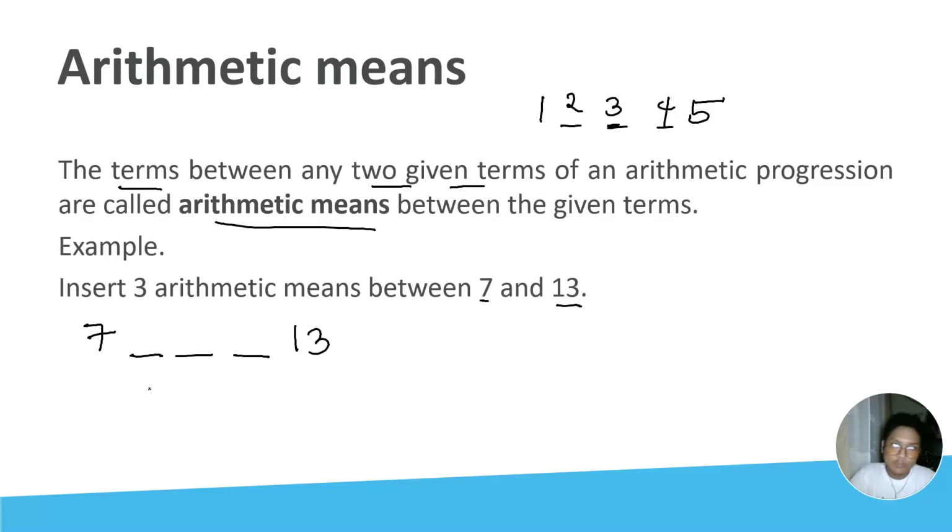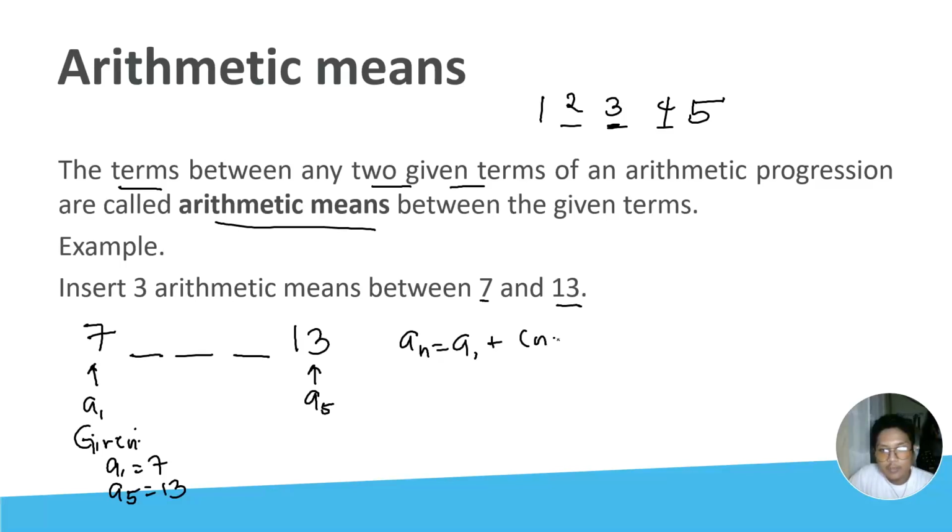Ito ay a1 at ito ay a5 kasi pang fifth term siya. So, using this, given na first term a1 is 7, and the fifth term is 13, we can use the formula a sub n equals a1 plus n minus 1 times d, kung saan unknown yung common difference.